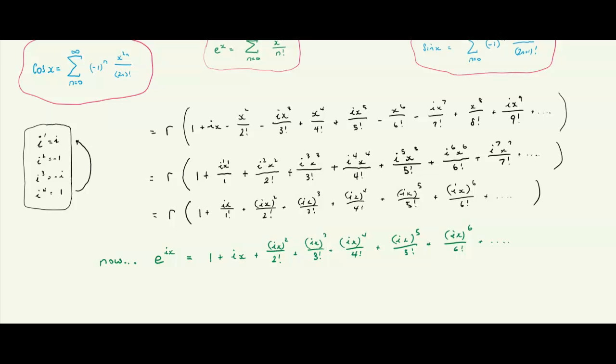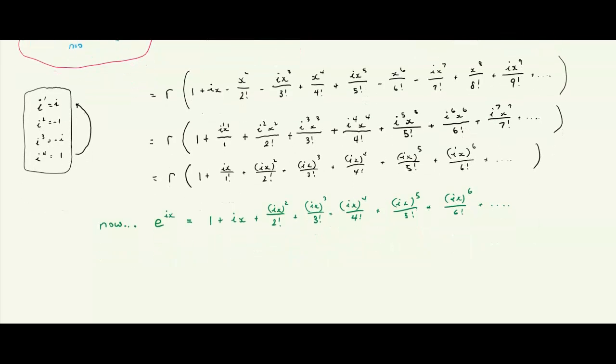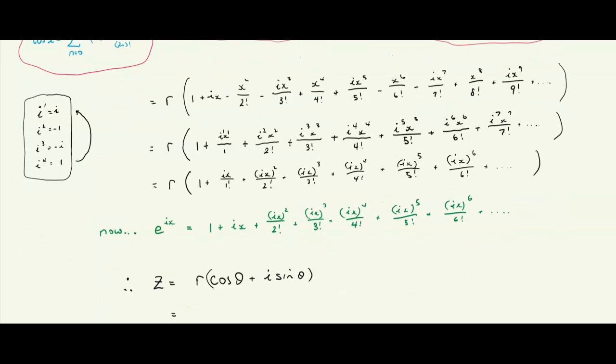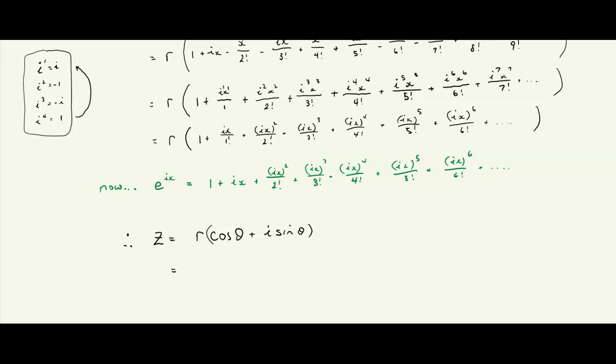So have we established some result here? Can we say therefore that z equals r cos theta plus i sine theta? Can we say that's the same as, so we've worked this all the way down here, and we've matched it up now with what's written in green, which is e to the power of ix.